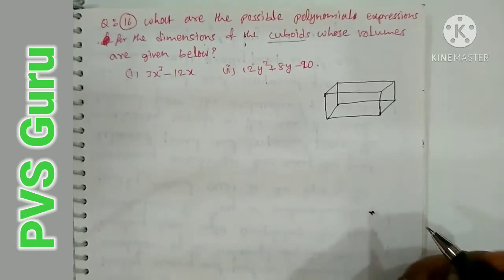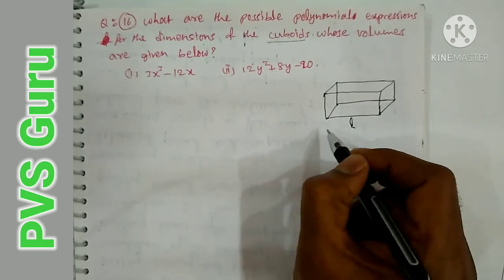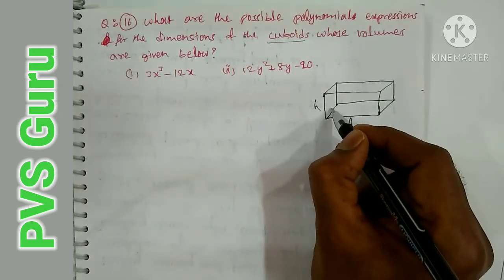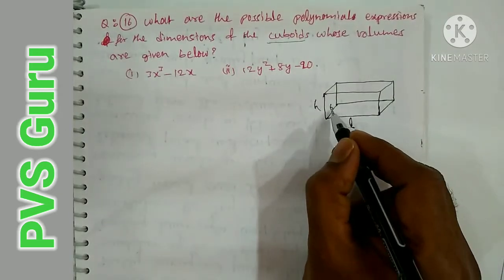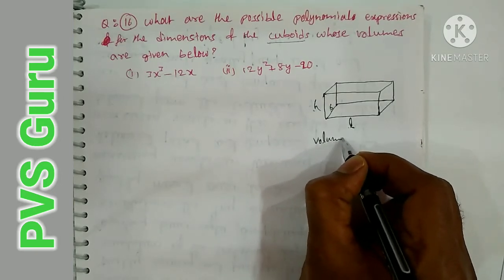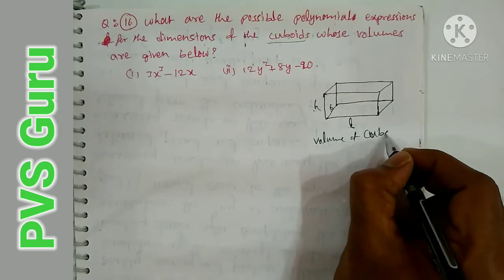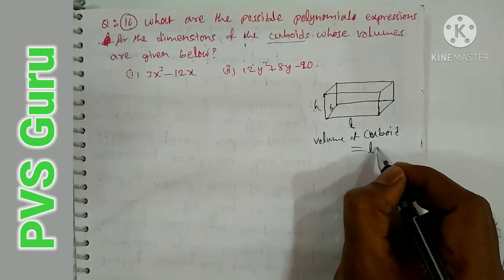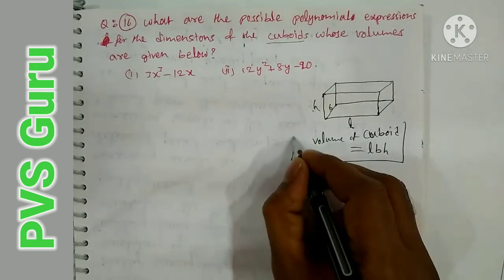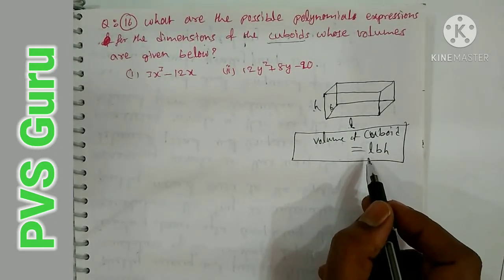So a cuboid has 3 dimensions: length, breadth and height. So the volume of a cuboid is equal to LBH, length into breadth into height.